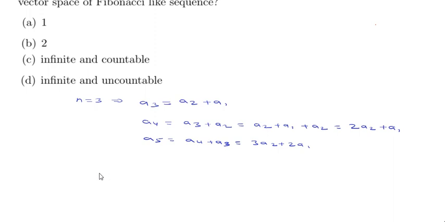Therefore the basis of this vector space will consist of two elements, two vectors corresponding to a1 and a2. So the number of elements in the basis is 2, therefore the dimension is 2. So the correct option is B, equal to 2.